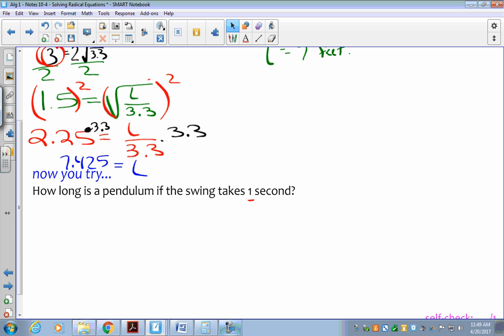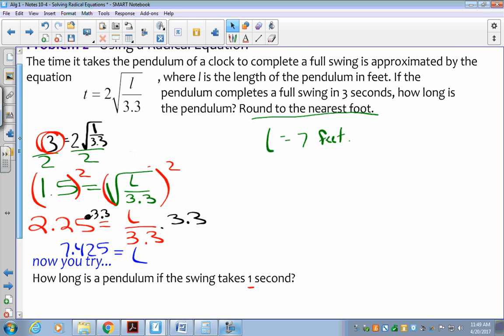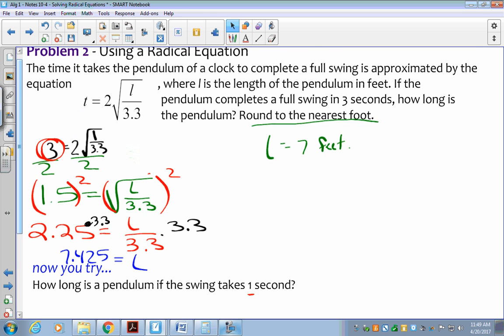All right, so Richard, do you want to come up and rewrite this problem, but instead of the T, rewrite it with a 1.